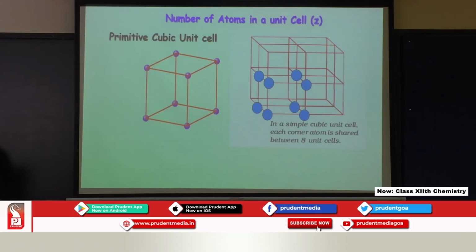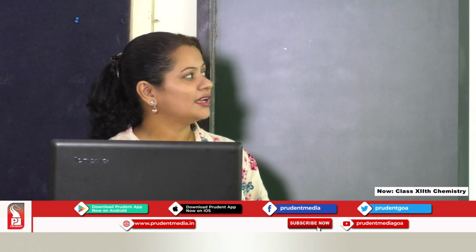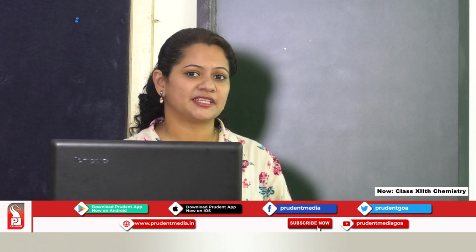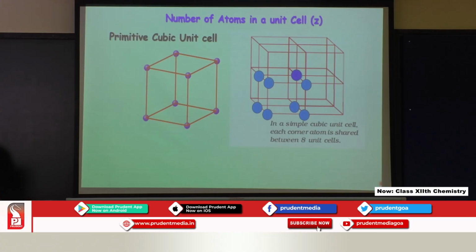We now come to the calculation of number of atoms in a unit cell, and the symbol for this is Z. In the figure to the left, we have a primitive cubic unit cell. Look at the figure to the right. If you look at the atom which is highlighted in blue, I want you to think about this. With how many unit cells is this particular atom shared? The answer is 8. Yes, the atom which is highlighted in dark blue is shared with 8 other unit cells.